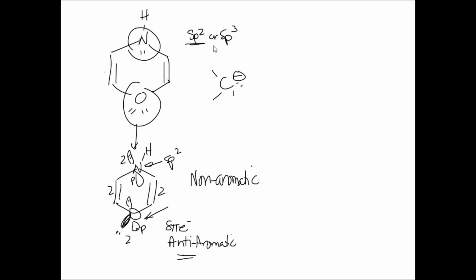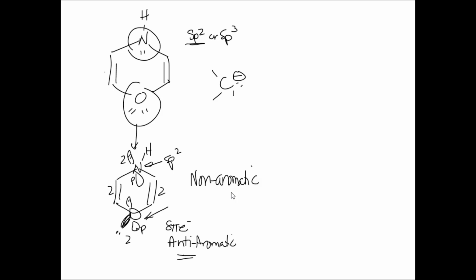What's going to dictate that? Whether or not that pair of electrons is going to make the system aromatic. If it will, it'll go sp2 and make the system aromatic. If it doesn't help, or if it makes it anti-aromatic, it's just going to say, you know what, I'll be sp3 and I'll be non-aromatic, because at least then I won't be super unstable.